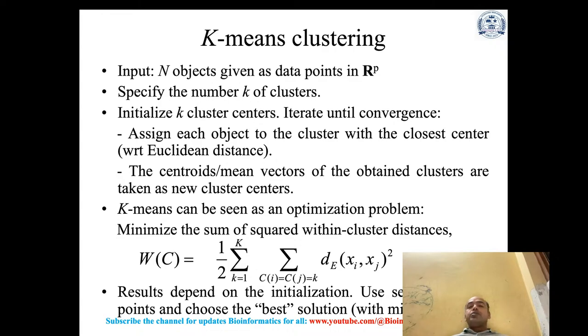Assign each object to the cluster with the closest center, and then the centroids, or mean vectors, of the obtained clusters are taken as the new cluster centers. K-means clustering can be seen as an optimization problem, for which you need to minimize the sum of squared within-cluster distances. Results depend on the initialization. Use several starting points and choose the best solution.